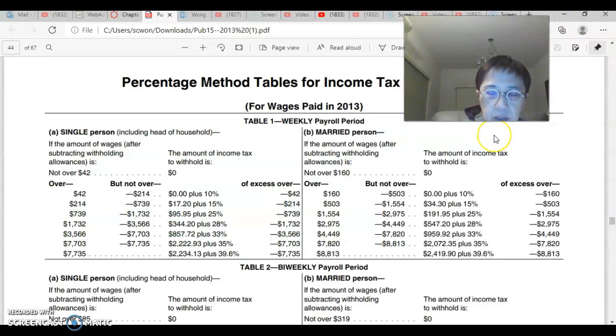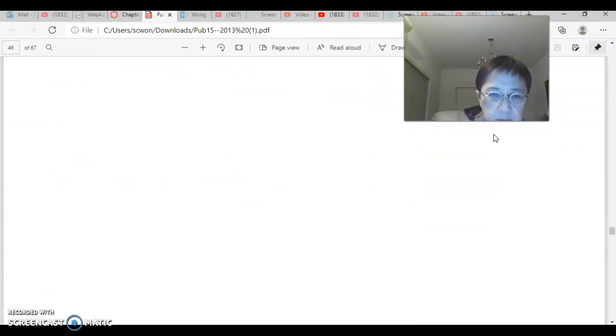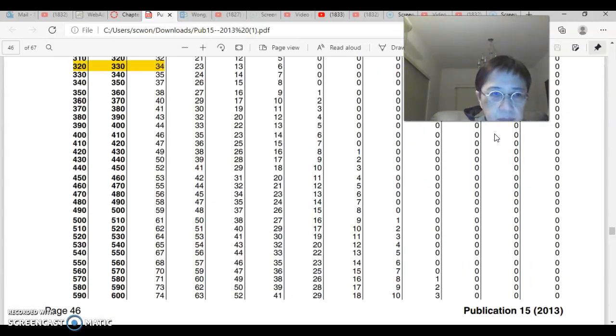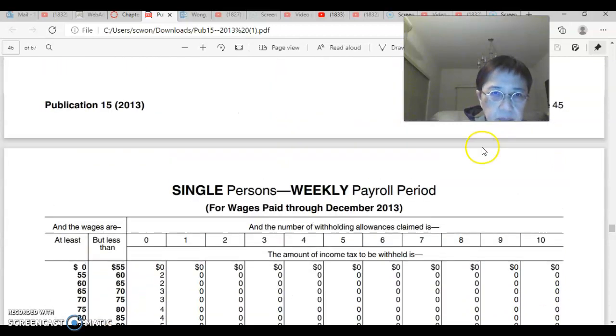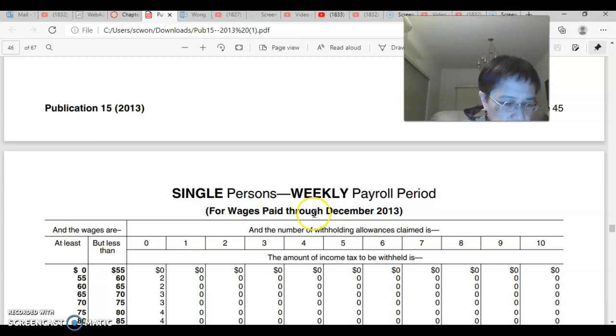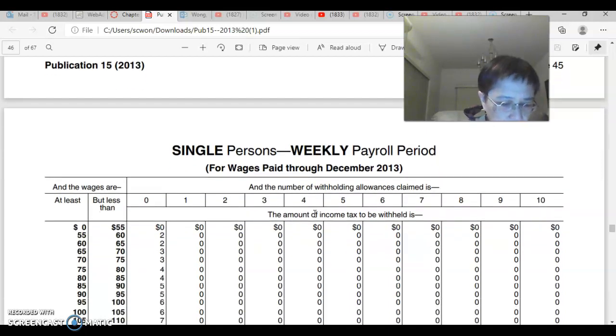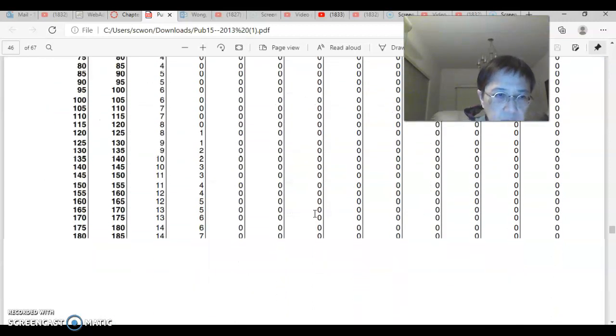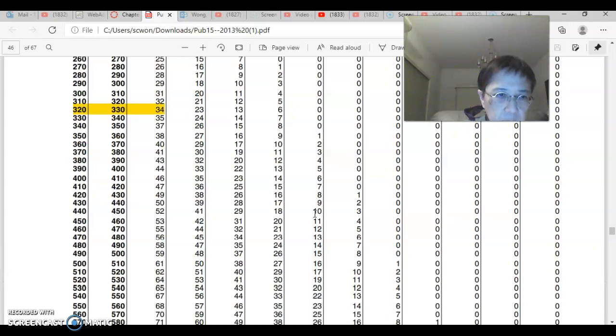So we go to Publication 15, page 46. This is the single weekly table, because Cam is single and he's paid weekly. So his payment is $490, at least $490 but below $500.